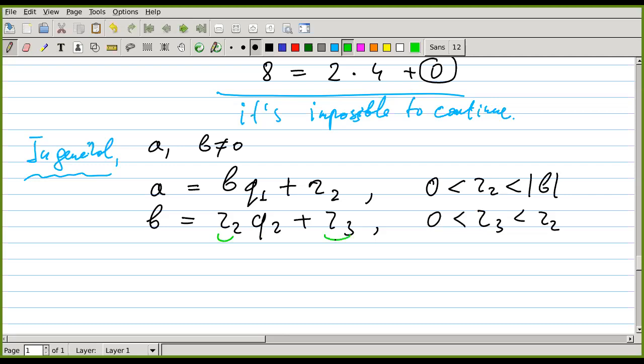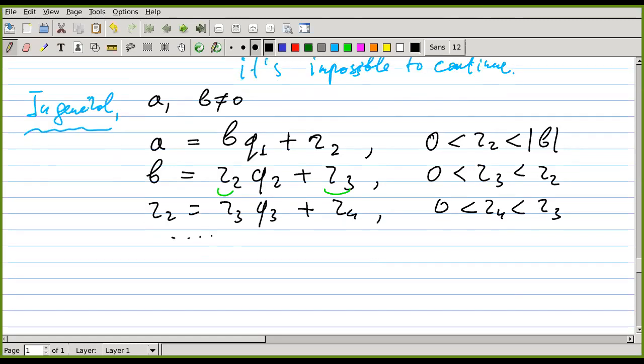Yes. Then we can divide r2 by r3, getting q3 and r4. Assume that r4 is still non-zero, but nevertheless it is strictly less than r3, and so on.